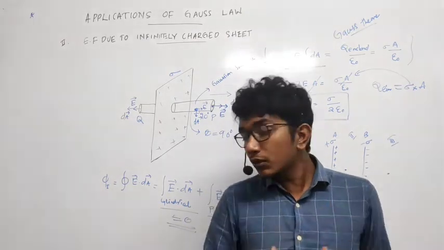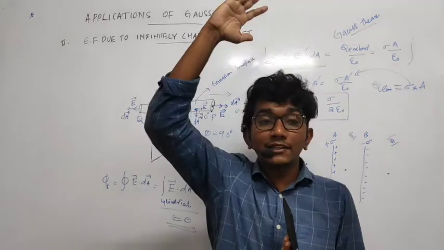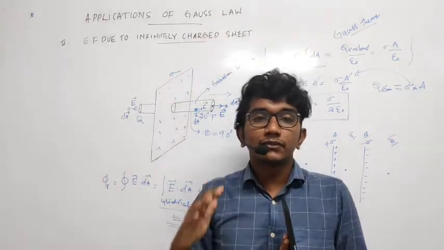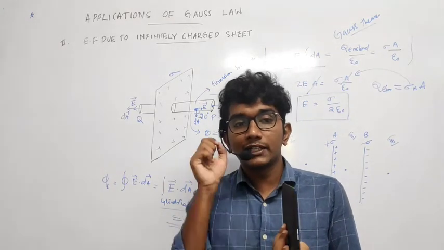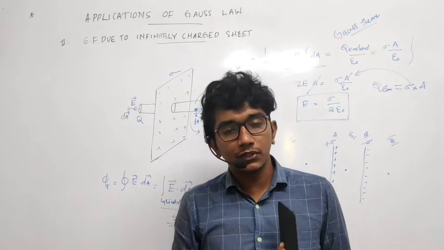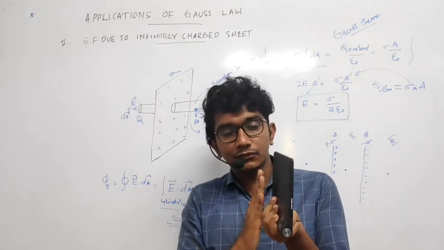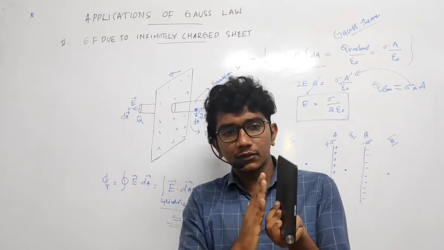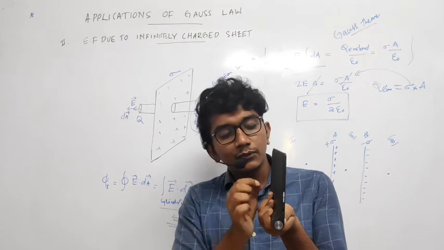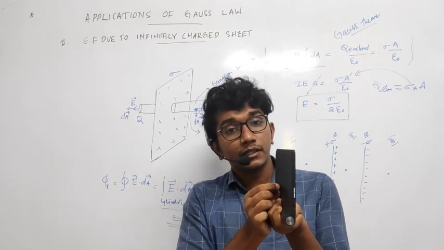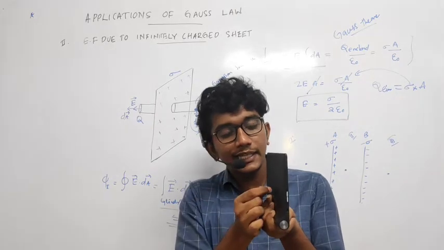And one more thing I would like to give you. This infinitely large sheet is hypothetical. But in practical applications, we can use the same result, sigma by 2 epsilon 0. Suppose this is a finite sheet, and we consider a small point charge very near to the sheet.